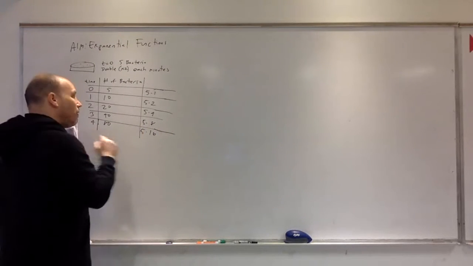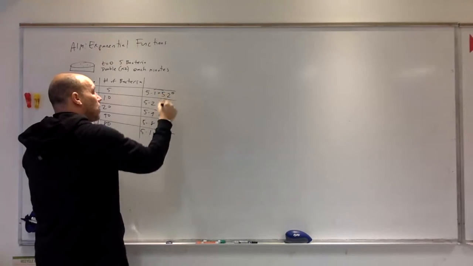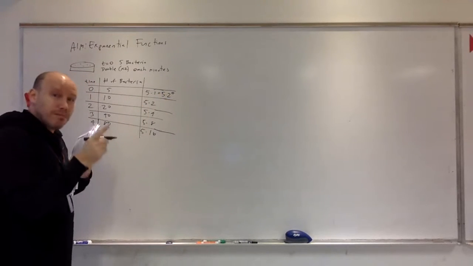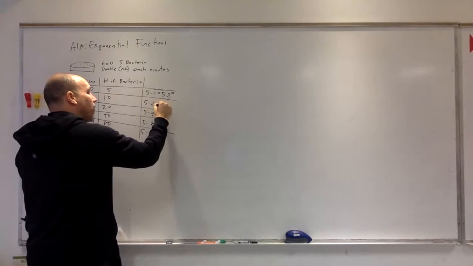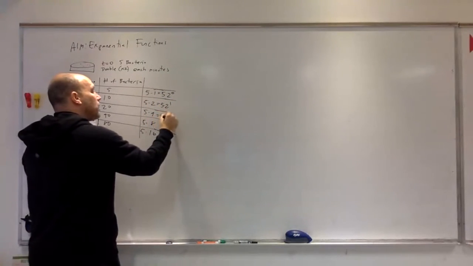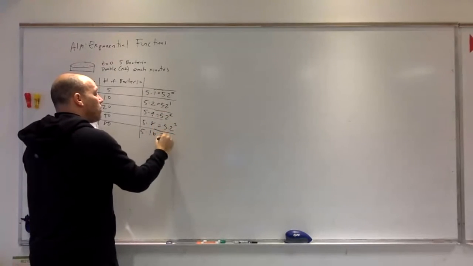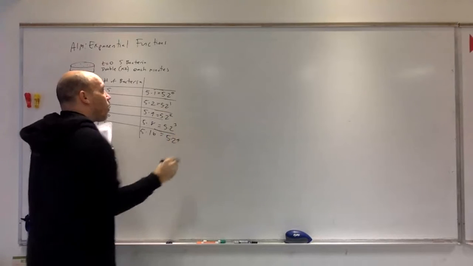Interesting. Well, I could write this as 5 times 2 to the 0, right? And then this is 5 times 2 to the first, 5 times 2 to the second, 5 times 2 to the third, and this is 5 times 2 to the fourth.